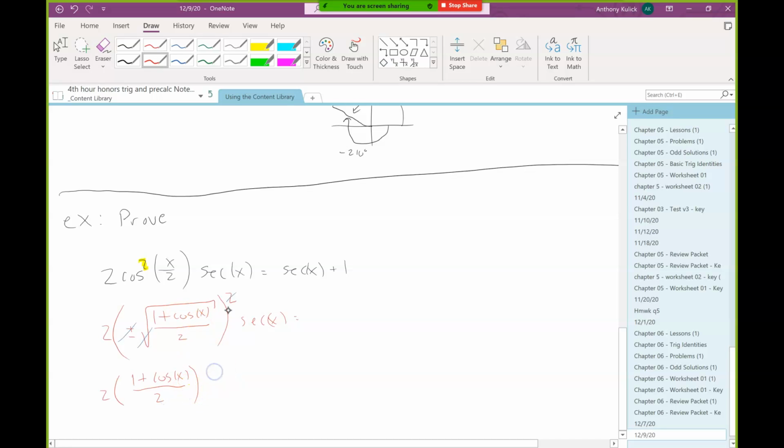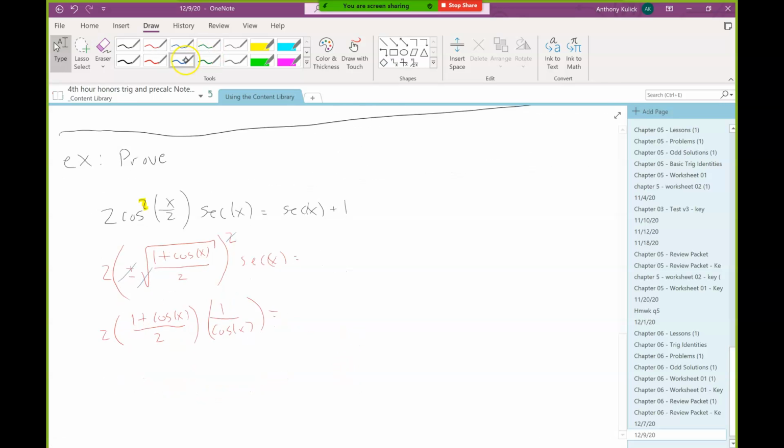And then let's just make that secant 1 over cosine using our reciprocal identity. And now I know that when I multiply that 2, it can cancel that 2 in the denominator.